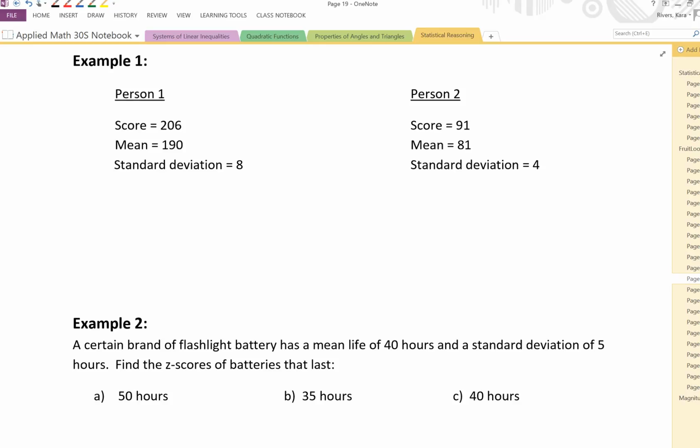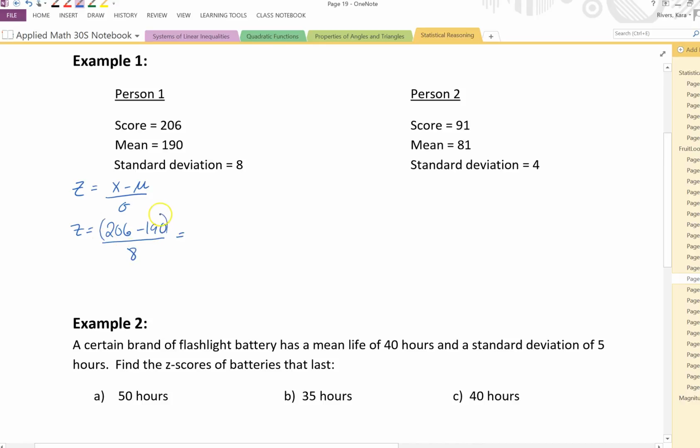So if we use our formula, it says that Z is equal to X minus mu over sigma. So in this case, Z is equal to X, which is our score, 206, minus the mean, which is 190, divided by the standard deviation, which is 8.